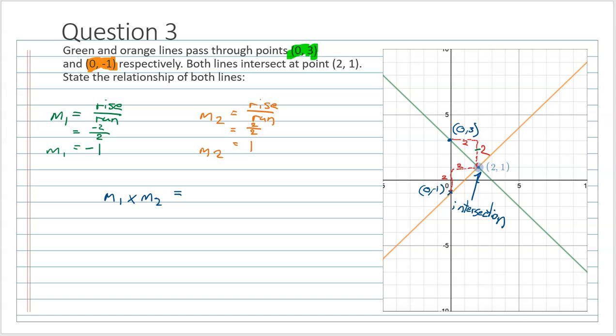If it equals -1, then we know that both of these lines are perpendicular. So m1 is -1, m2 is 1. -1 times 1 is indeed -1. Therefore, lines 1 and 2 are perpendicular.